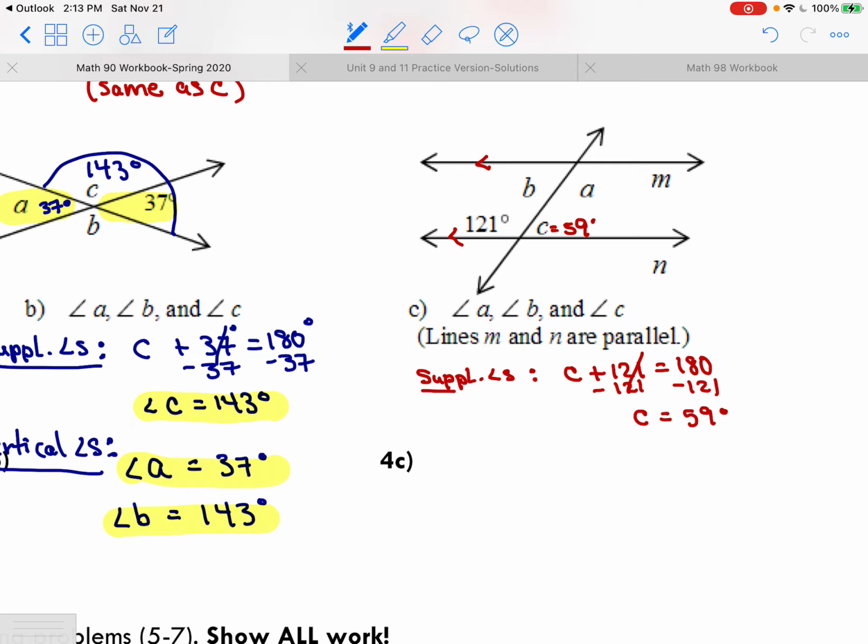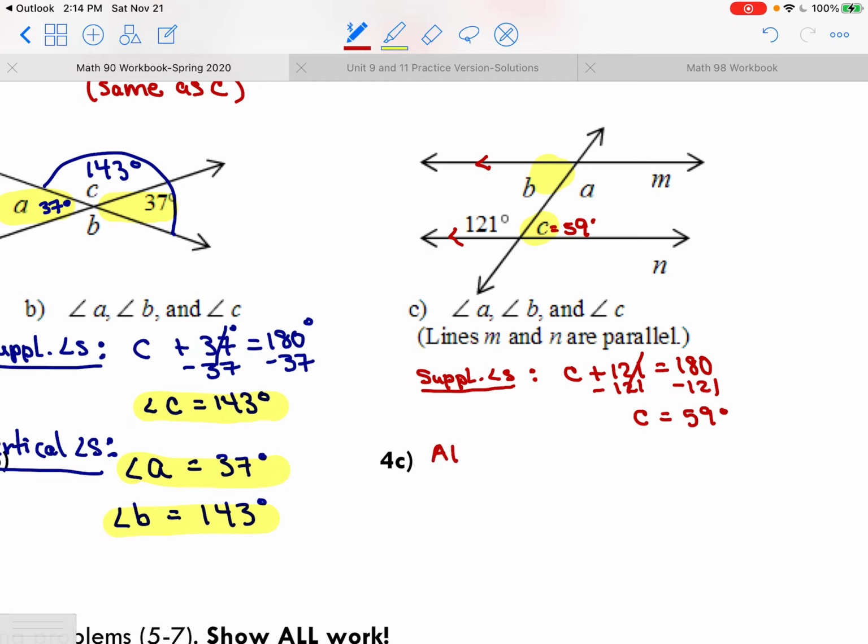All right, now we kind of start looking for other identities. You know, we don't have a situation where we can use anything else in terms of vertical angles, complementary angles, but we do see that we have some alternate interior angles here. You notice these are both inside the parallel lines and across the transversal from each other, right?